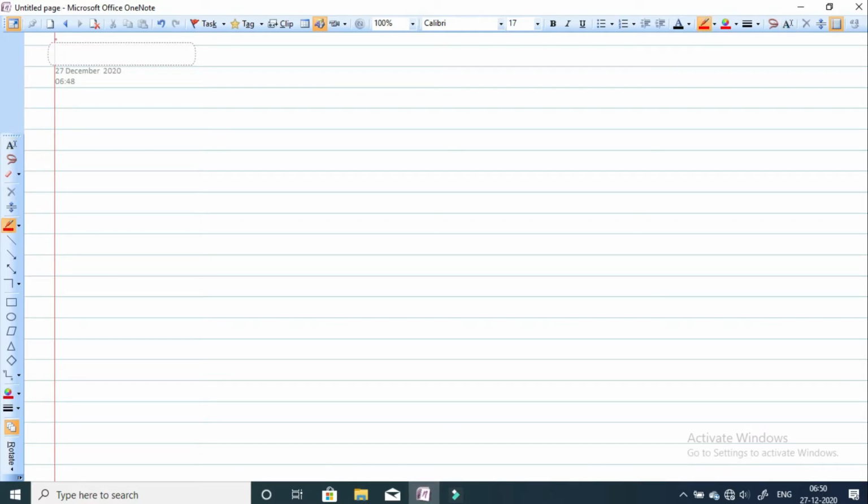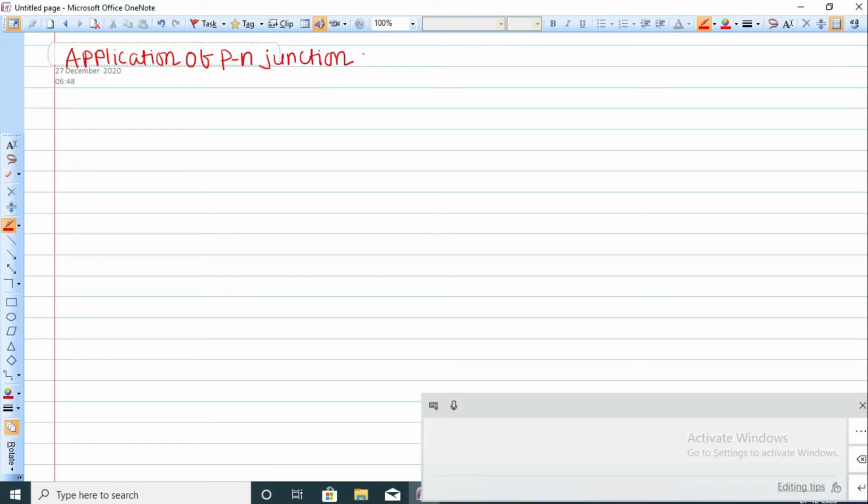So, application of PN junction diode as a rectifier.